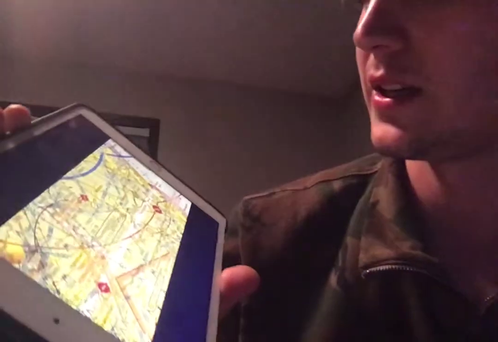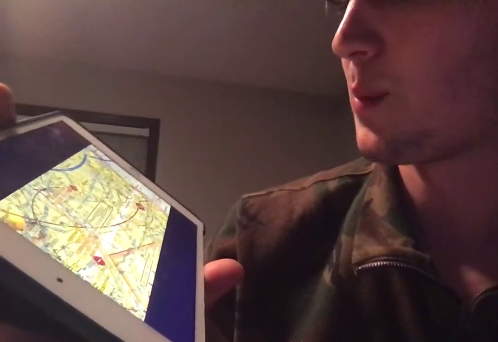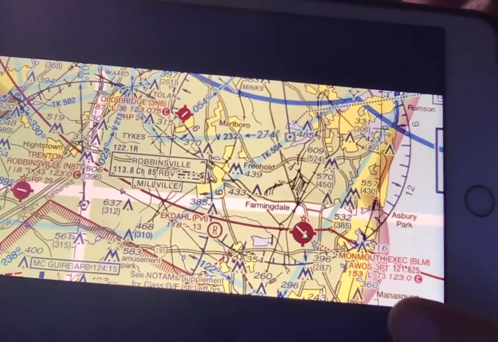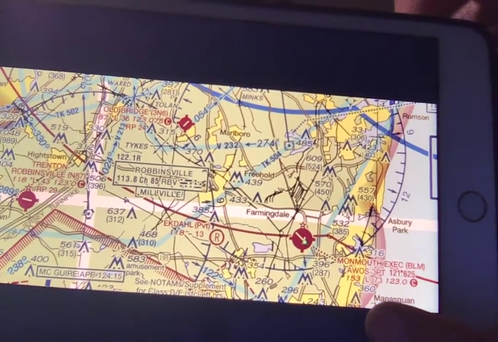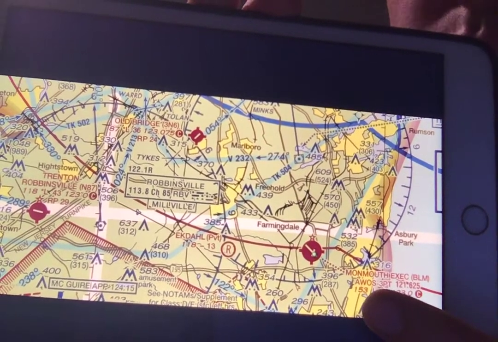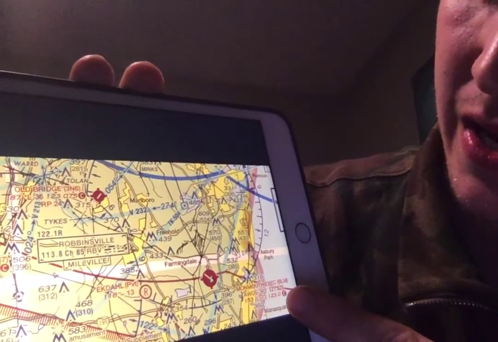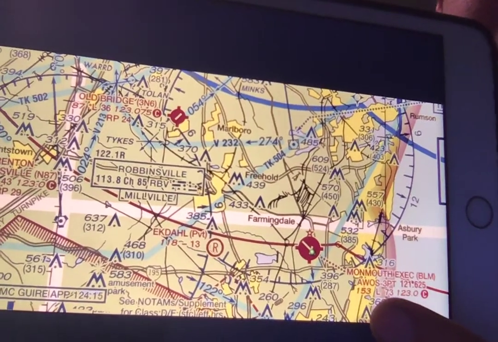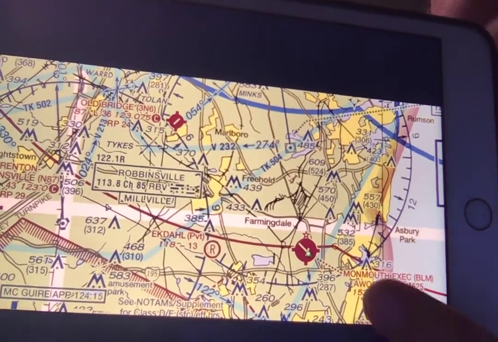This is Monmouth Executive. This one right here will be a left traffic pattern, and the airport elevation is 153. So that means our traffic pattern altitude would be 1153.